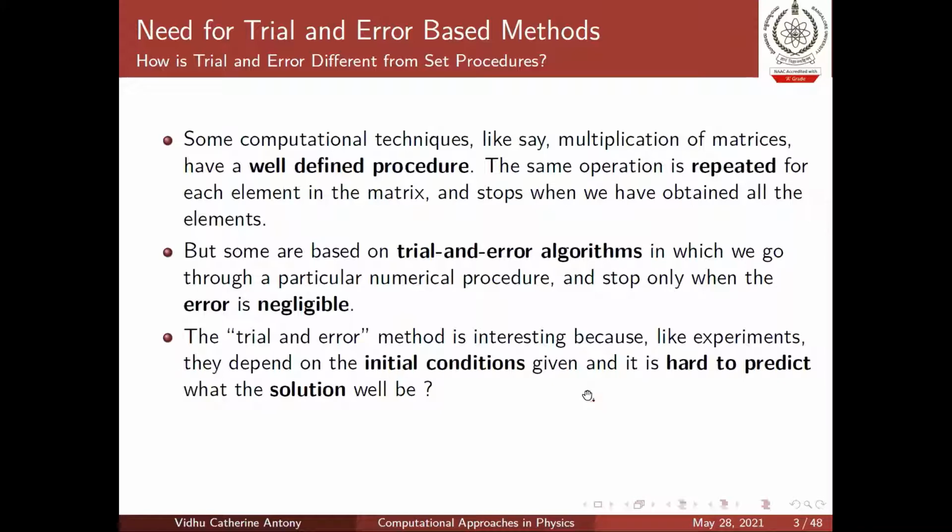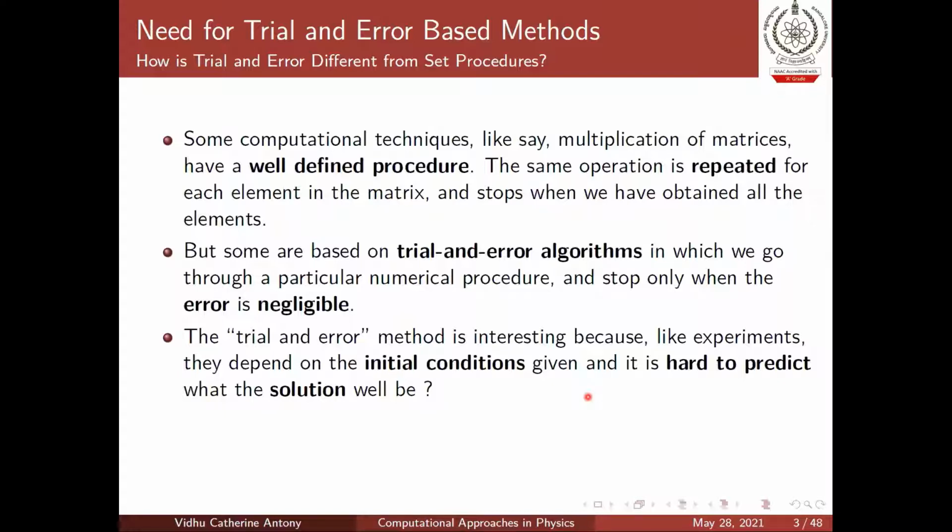Now, what is interesting here, when you look at trial and error based methods, is that these are just like your experiments. When we looked at Newton's law of cooling, we assumed the temperature of the surrounding to be something like 85 or something, right? No problem. That 85 basically would tell you how soon you would cool off. Say your surrounding temperature was pretty much less than 85, you would only take a lesser amount of time.